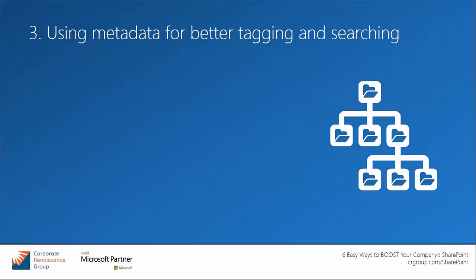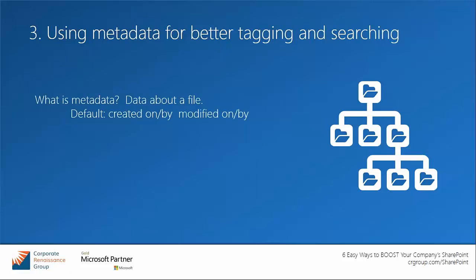So what is metadata? Metadata is data about a document. If you've ever taken a picture with your phone and you look at the picture, you can see it says, this is the location where the picture was taken, here's the date and time, and that's metadata. That's information about the file. So in SharePoint, by default, you're going to have created on, created by, modified by.